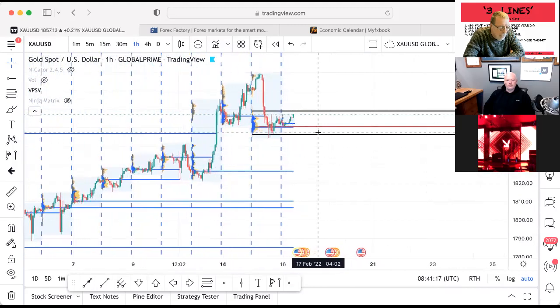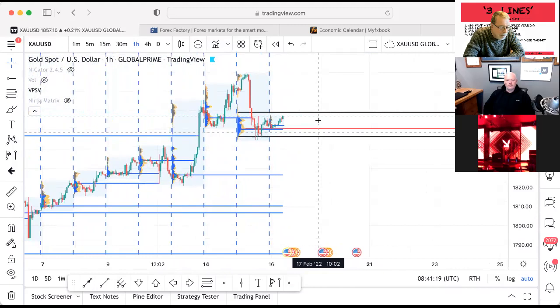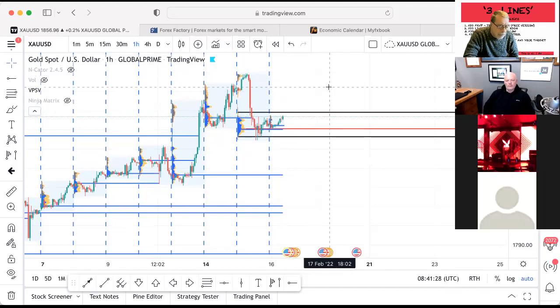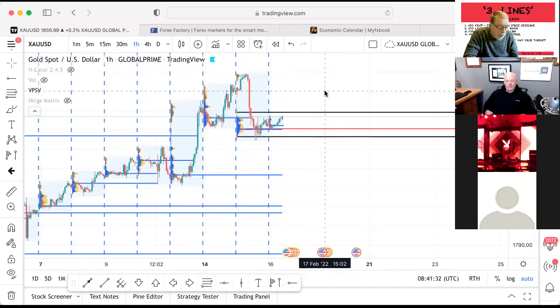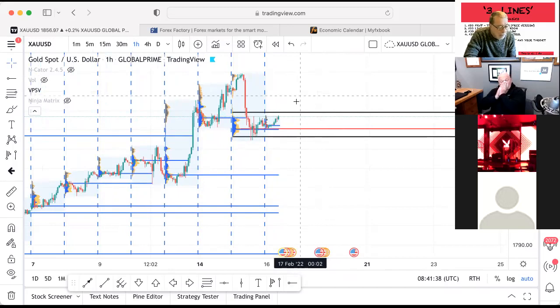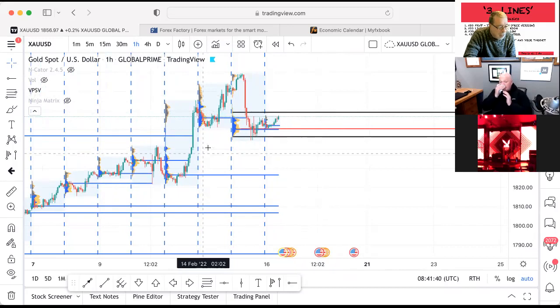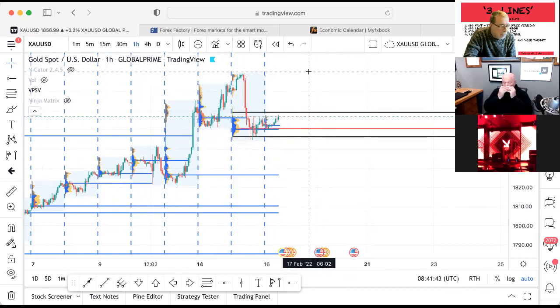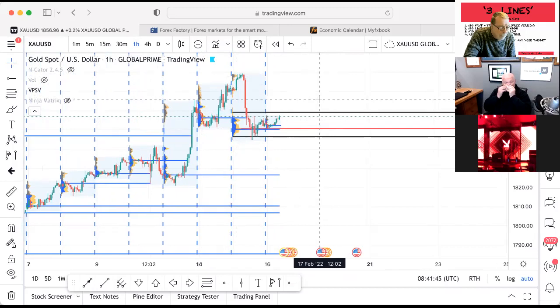I've got a feeling it might continue to go up, and that's mainly because of the current world situation. Because people are worried about what's going on in the Ukraine, they might well be investing in gold rather than dollars. And I suspect that in the long term, price is going to continue to go up.